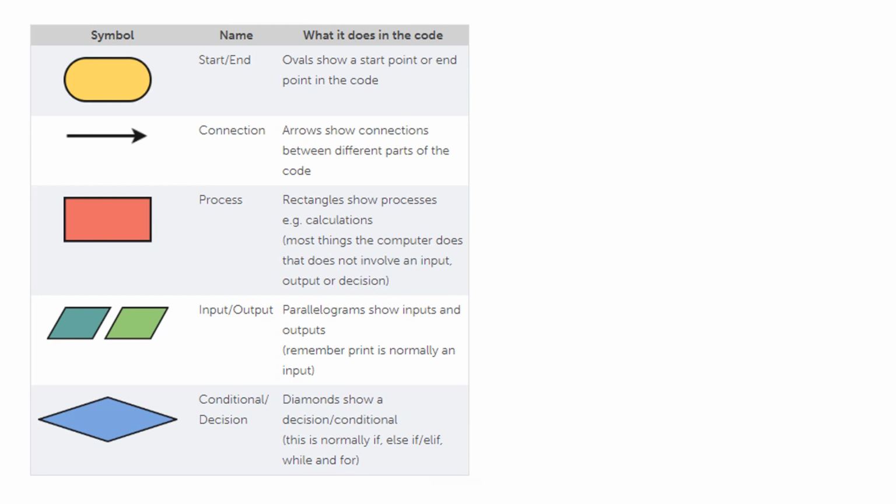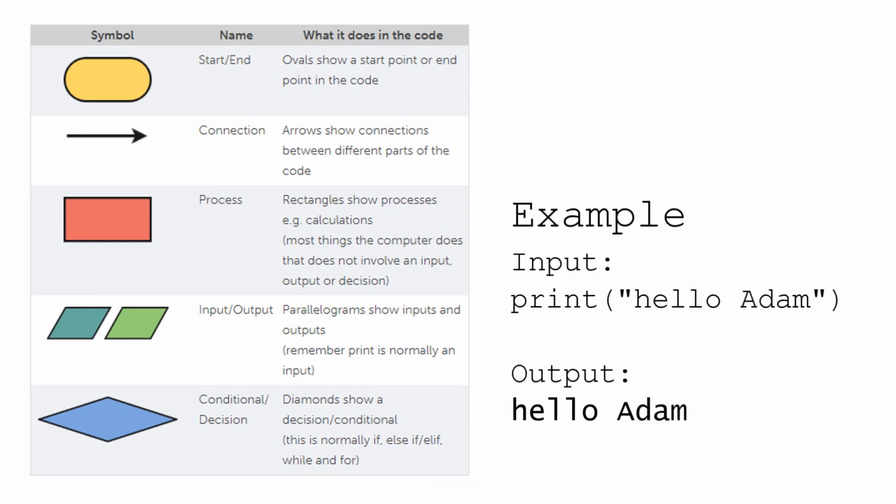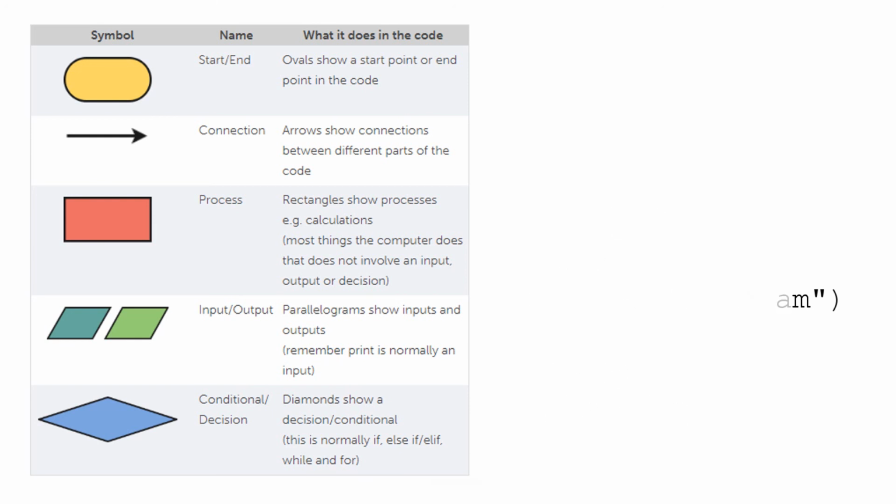It says there print is normally an input. This is because when you tell a computer to print something, that is an input, and when the computer actually prints it, that is the output. And finally, there is the decision or conditional.